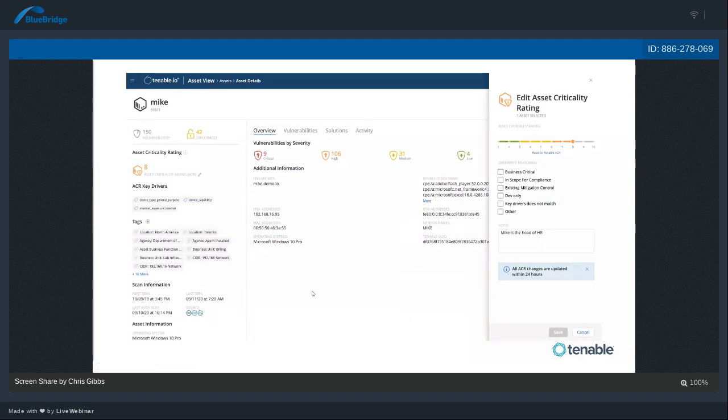But maybe it's the head of HR's laptop, and the head of HR is likely to be more susceptible to phishing attacks. So we can say, okay, let's look at this and increase the score for this user. That can be updated through the GUI or through the API.